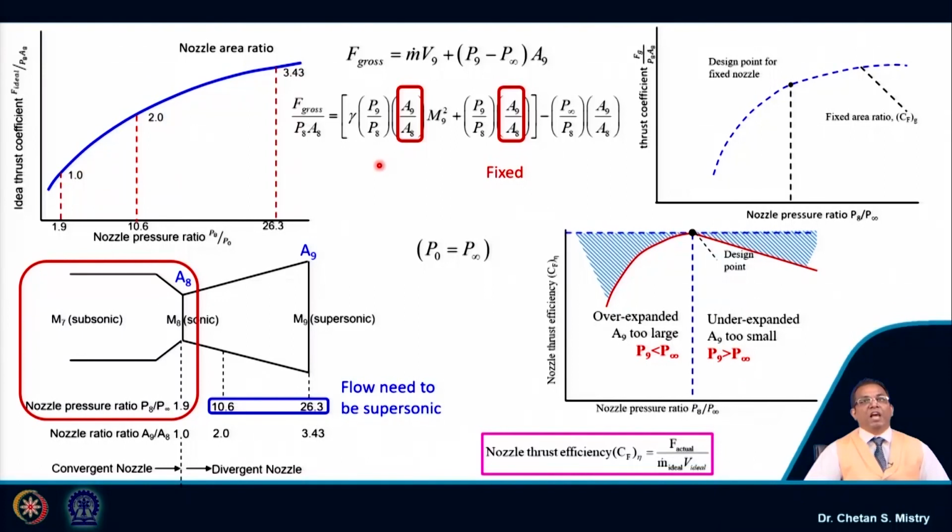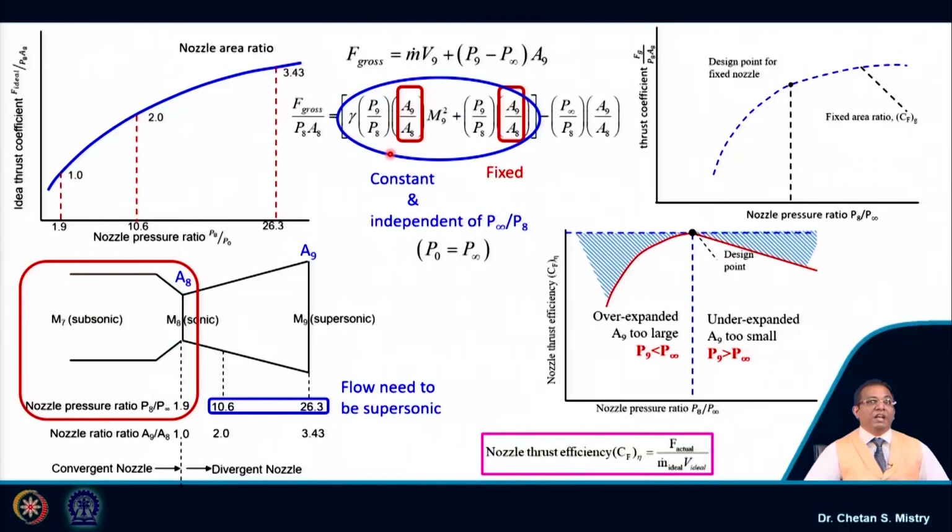If I consider this equation and suppose my area ratio A9 by A8 is fixed, then this number will remain constant and does not depend on P infinity by P8. This P infinity is nothing but my exit pressure. So, we can say my nozzle is always designed for one design condition.